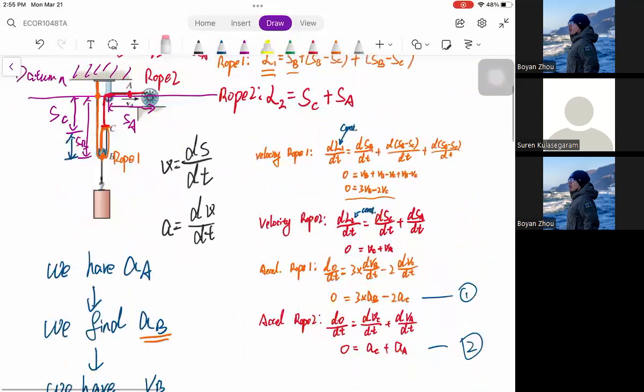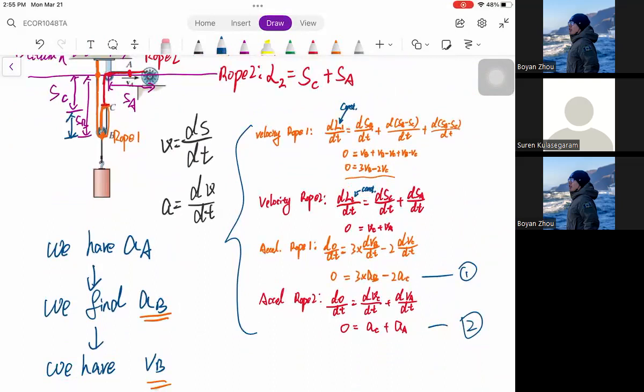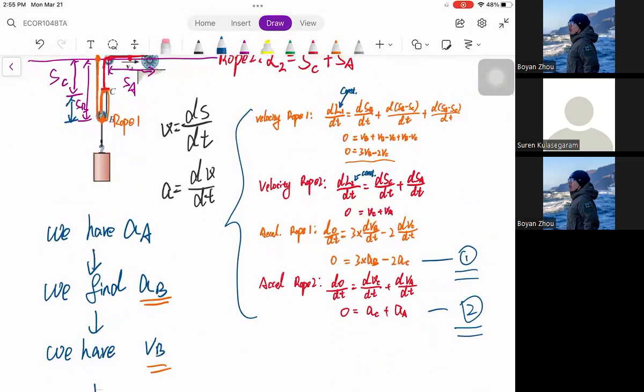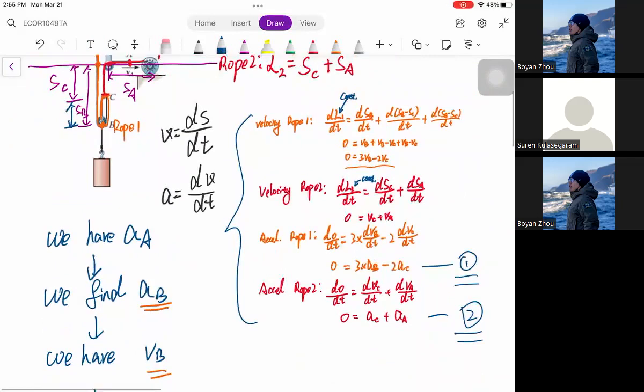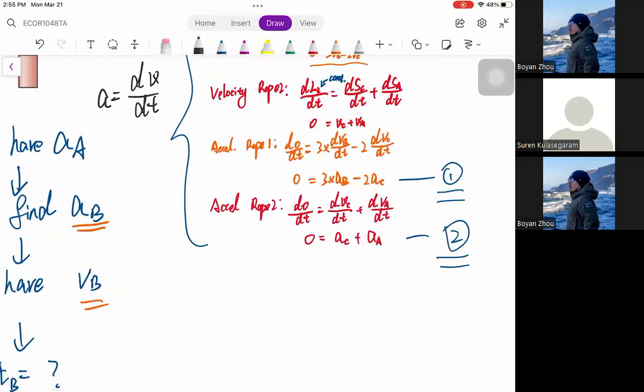All those equations on here are for finding the velocity and the acceleration at point B. Those are just some derivatives, and from equation 1 and equation 2, we can get the relationship between the acceleration at point A and the acceleration at point B. So that would be 3 times AB is equal to 2 times AC is equal to 2 times AA.